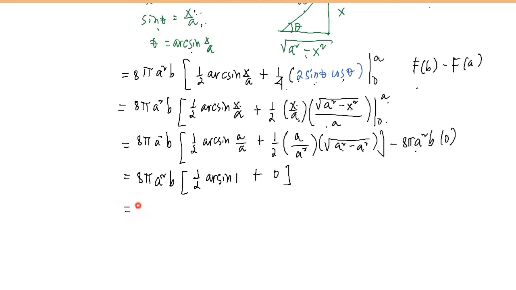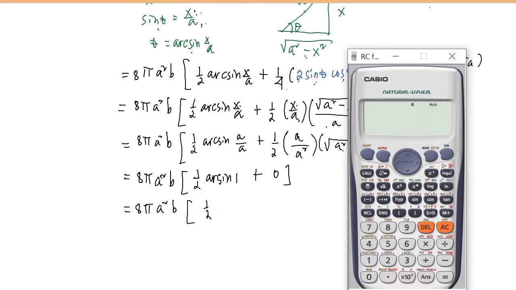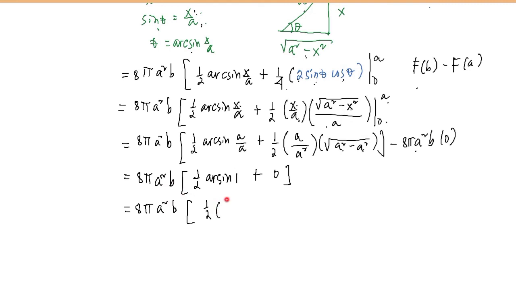We have here 8 pi a squared b multiplied by 1/2 for the arc sine 1, so let's compute the arc sine 1, and we put the calculator in radian mode, so that is shift solve radian as 4. Arc sine of 1, so shift sine of 1, and we have here 1/2 of pi, or pi over 2. So the arc sine of 1 is pi over 2.